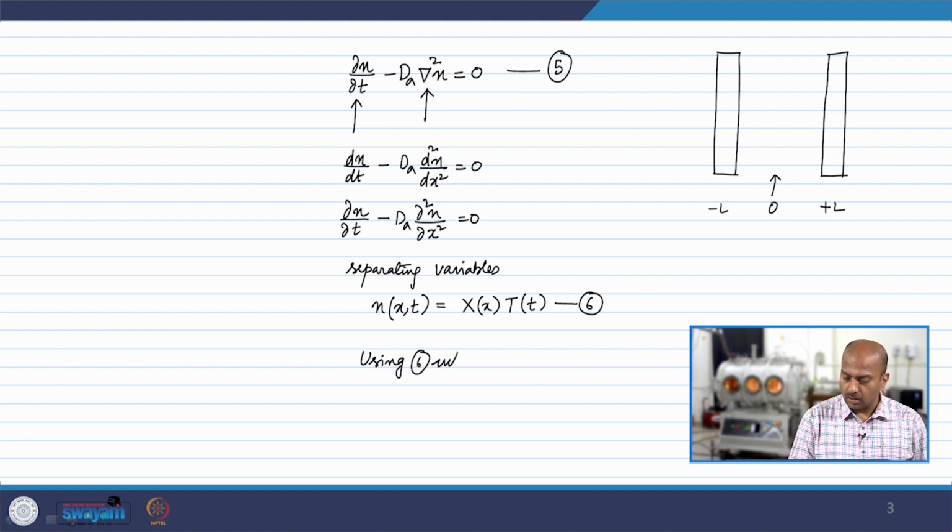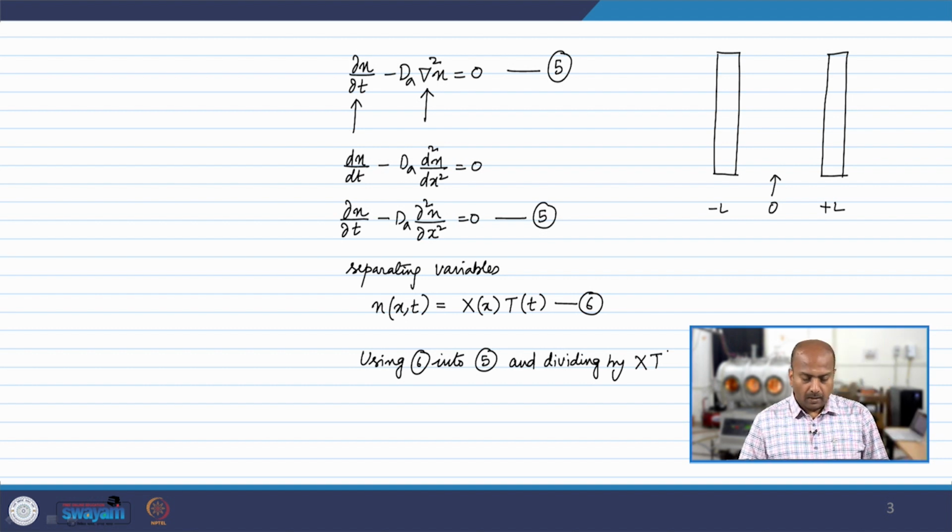So, we can use equation 6 into, this is also equation number 5, the same form, right, into 5 and dividing by, let us say, capital X times T. So, what will we get?